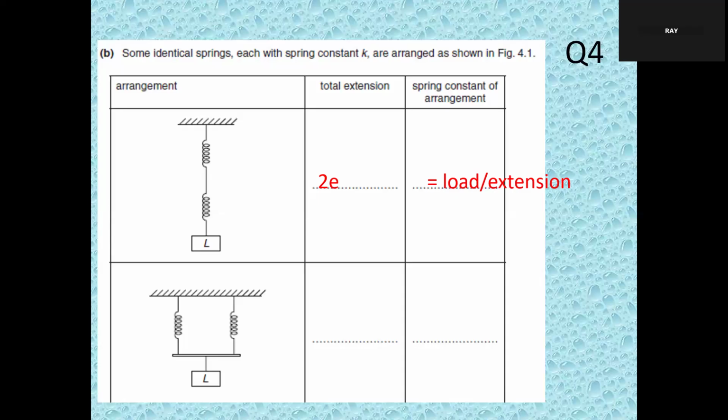Each of them has the same load or same tension. Then to find the K, we take load over extension. Load is L, extension is 2E. We use the formula K is L over E, and L over E is K. So K over 2.